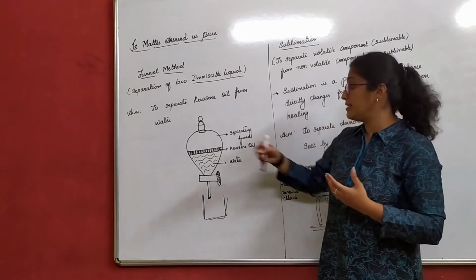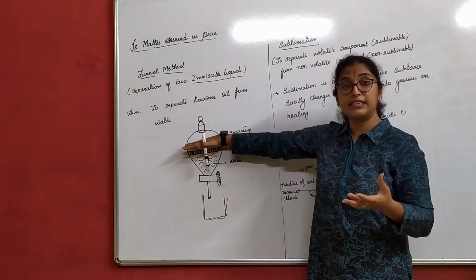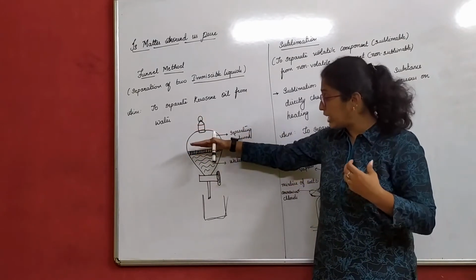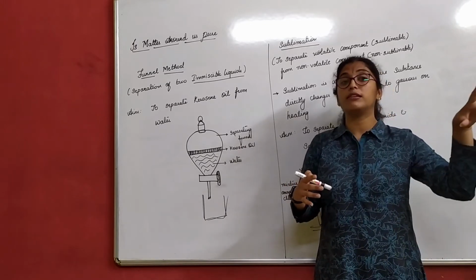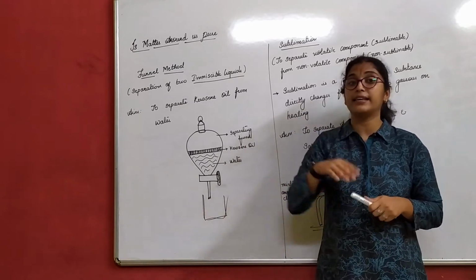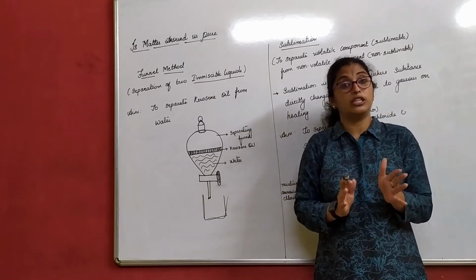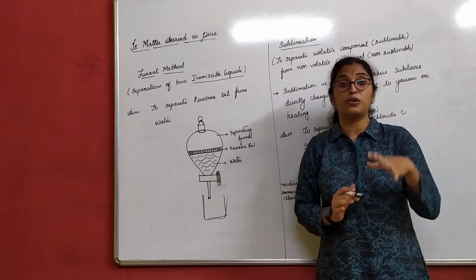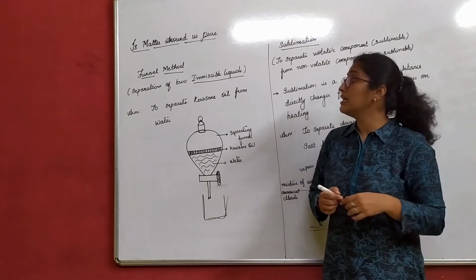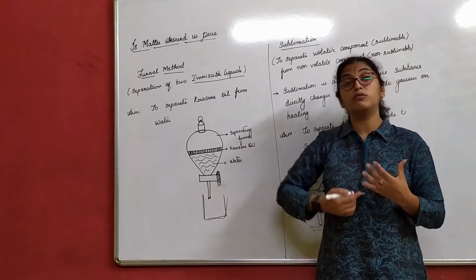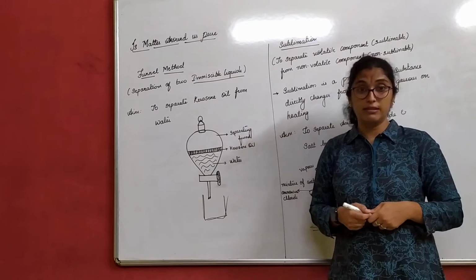Those impurities are always light, so they will stay on top. Molten iron will settle down. That means we extract all the molten iron and the slag is left behind. This principle is used in the extraction of iron from its ore. This is the funnel method, so if a question is asked, give an experiment to separate two immiscible liquids, you can go with this method.